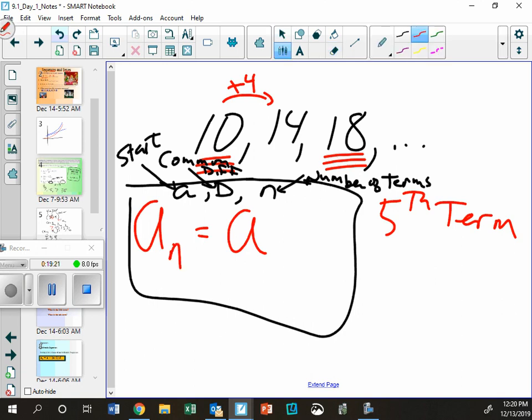Any term, I'm going to call it A sub n, the nth term, would be the starting one, and then, well, you'd have to add the common difference a bunch of times, right? So can I just say plus D? No, that wouldn't account for how many times I have to add it, right? How many times do I add D?